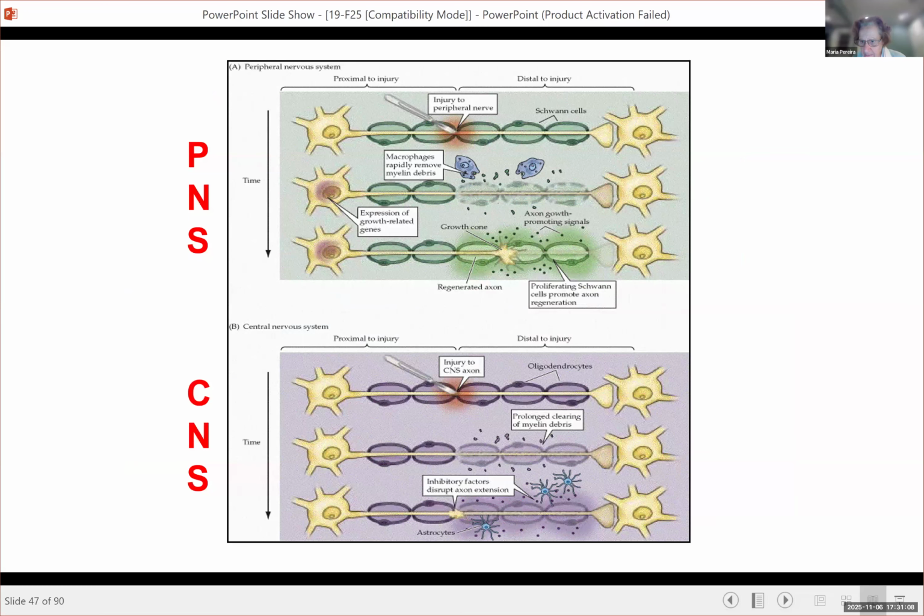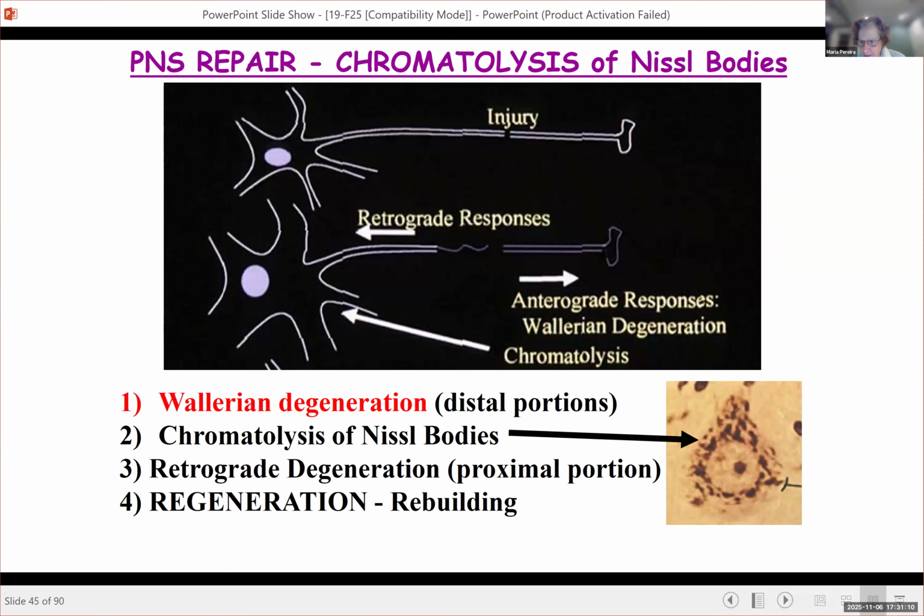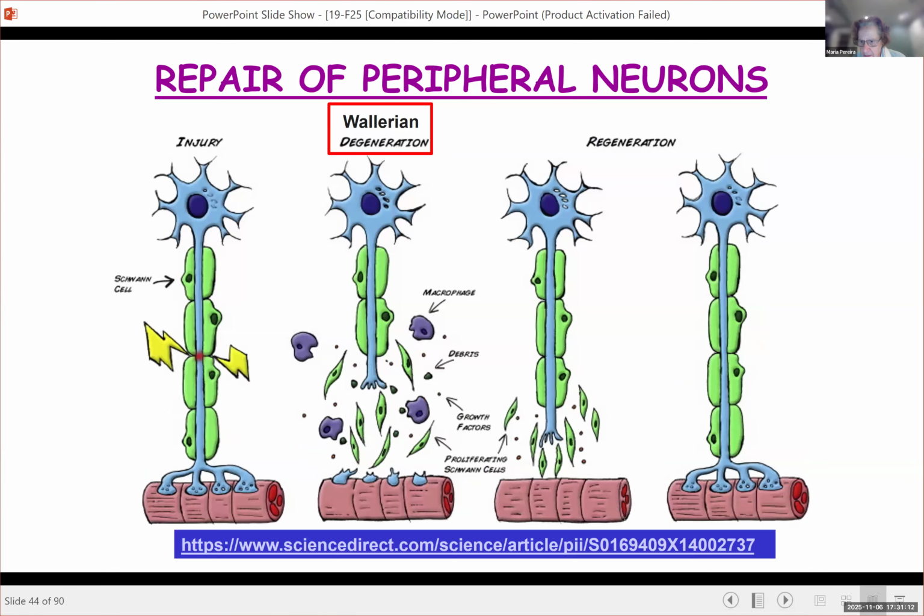Wait, let me go back. This one. Oh, this one. This is the one that's missing? Okay, number 44. Thanks for telling me. I will include it. It's a very nice slide, actually.